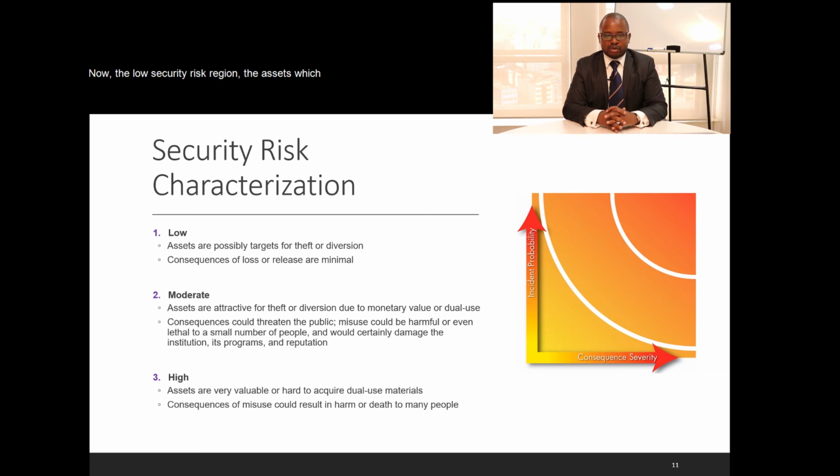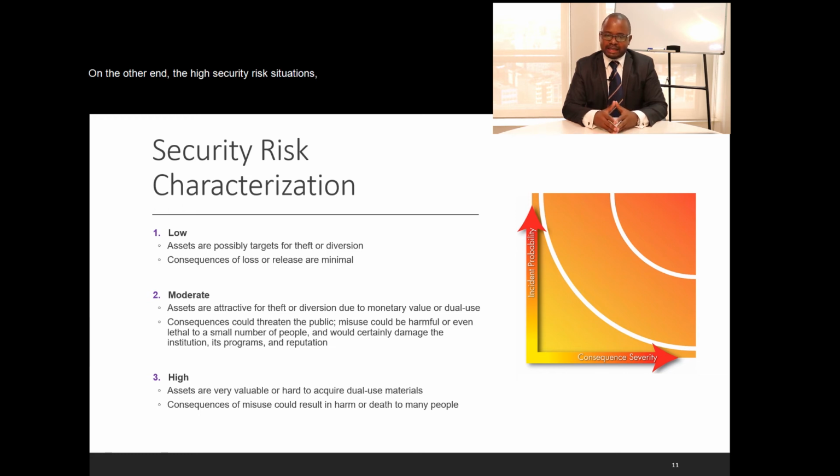Now, in the low security risk region, the assets, which are the chemicals, would be targeted for theft or diversion, and the consequence of the loss or release of these chemicals is low. The consequence is not going to result in loss of lives or serious damage to property.